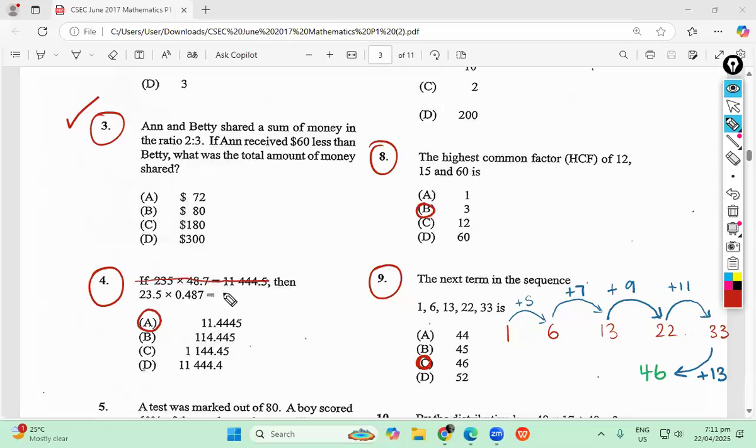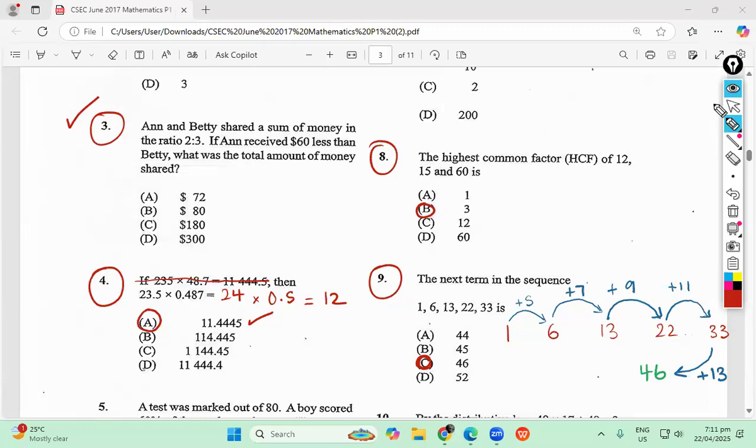Isn't 23.5 close to 24? And 0.48, isn't that close to 0.5 or half? How much is half of 24? 12. So the answer you have to choose has to be close to 12. There's only one value there that's super, super close to 12. The rest of them are severely greater than 12. So that's another way you could have gotten it.